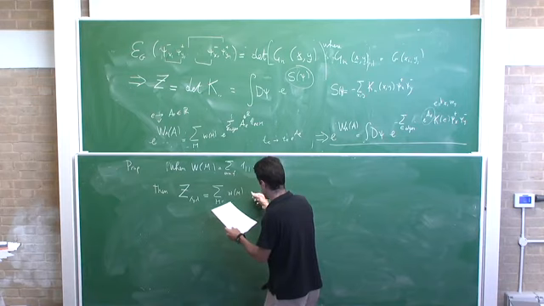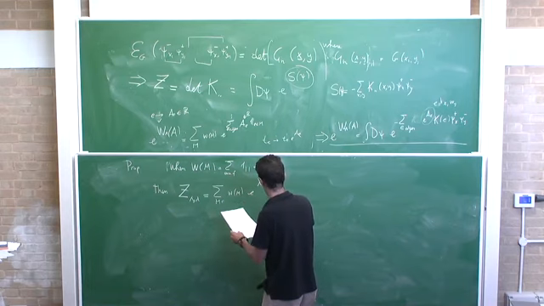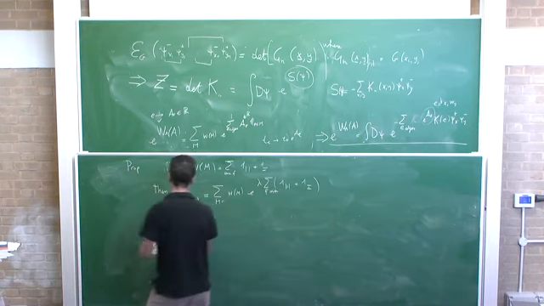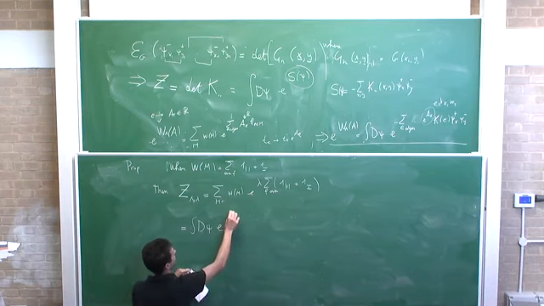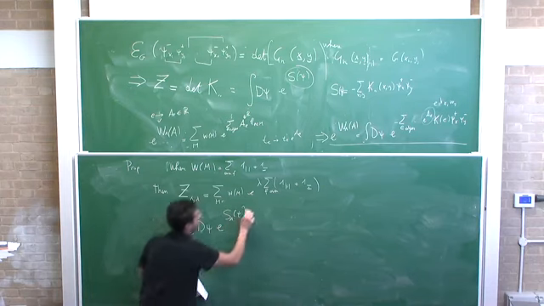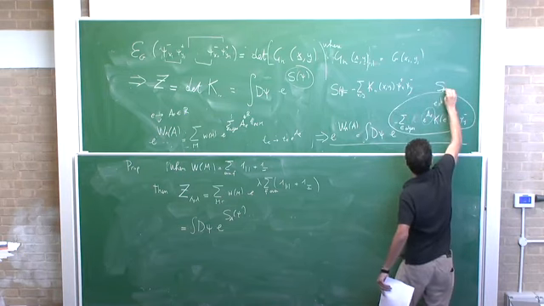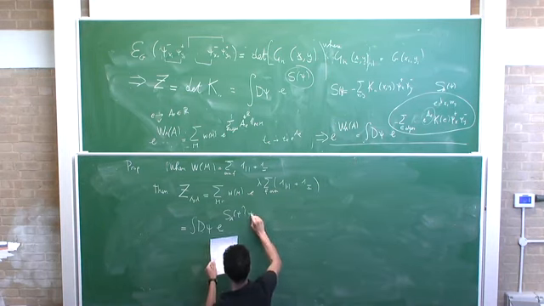I was just recalling the definition of the partition function. Then the statement is that this equals the integral dx of e to the S_A of psi, where S_A of psi is all this stuff here, the quadratic part in psi, plus alpha.